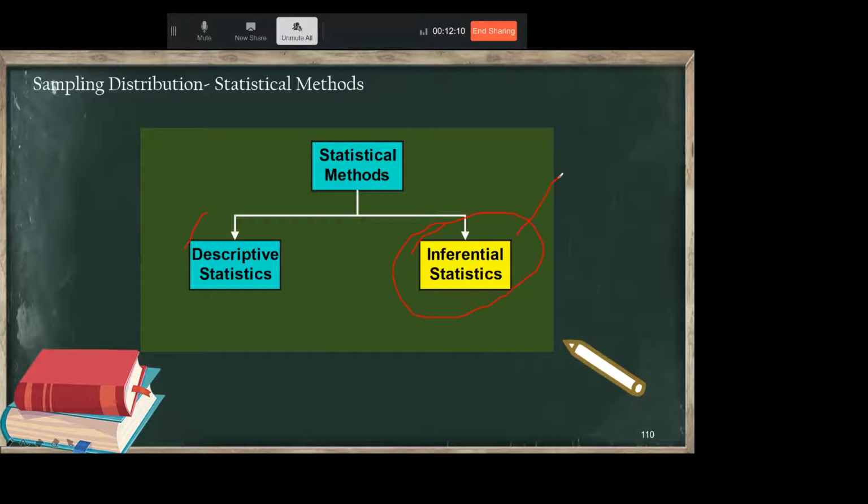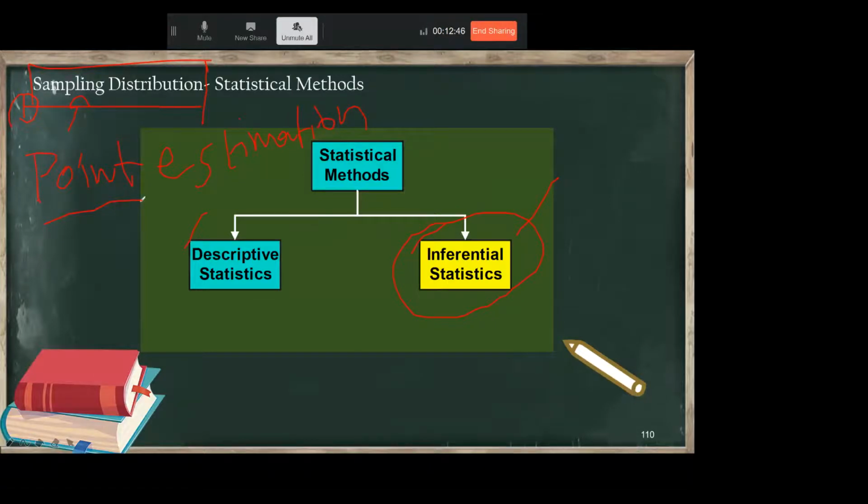But if not, at least two topics we will finish. What is sampling distribution? This is topic number one. What is point estimation? Point estimation, as the name suggests, is about a single value, a single point, a single numerical value.